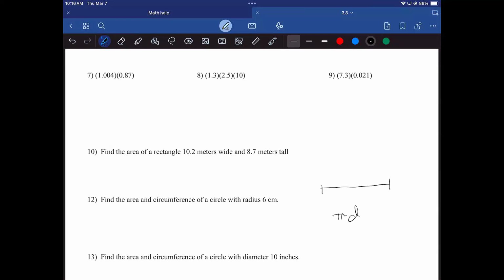Now, if I were to cut the diameter in half, that is equal to my R. So if I multiply both sides by 2, I get D is equal to 2R.